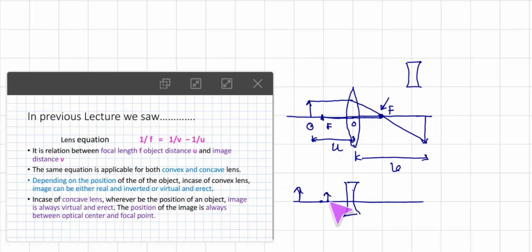That means the image is always virtual and erect, and in the case of a concave lens it is always between the focal point and the optical center.